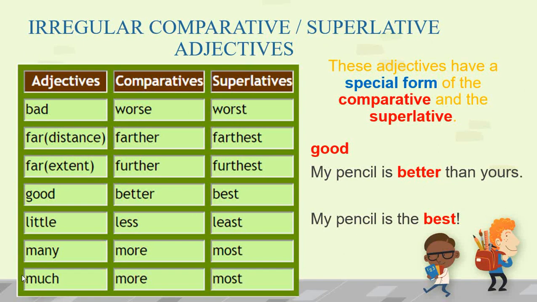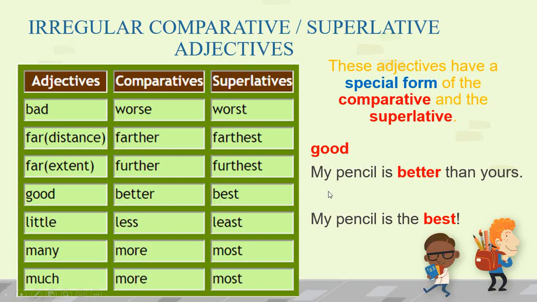Irregular comparative and superlative adjectives. These adjectives have a special form of the comparative and superlative. For example, good. For good, the comparative form is better. That's why in this sentence we say, my pencil is better than yours.